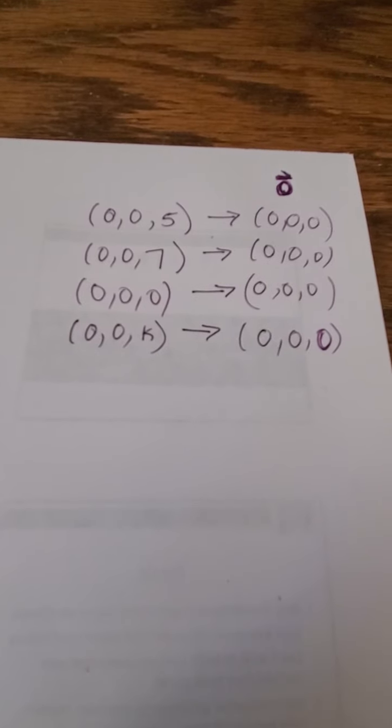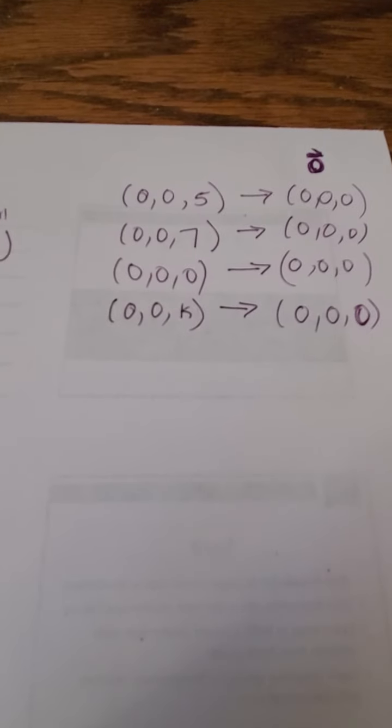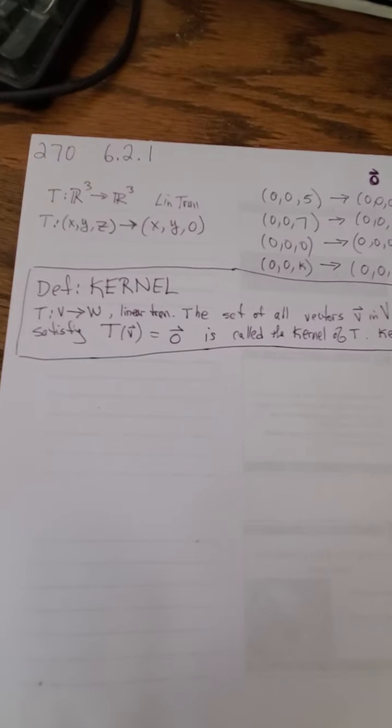So when you look at the set of all elements of the domain that go into the zero vector in the range, codomain, whatever you want to call it, that set is referred to as the kernel of the linear transformation.